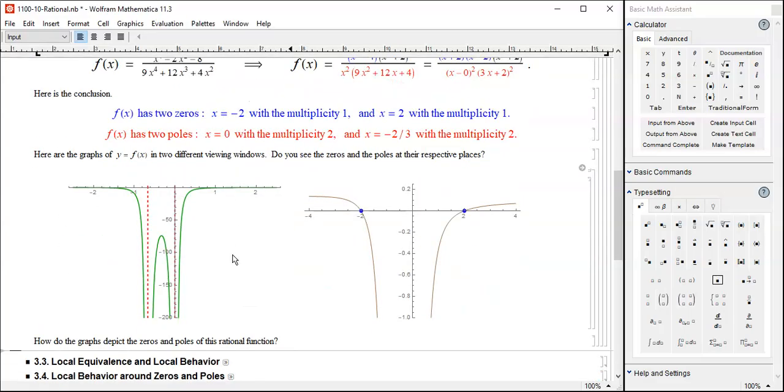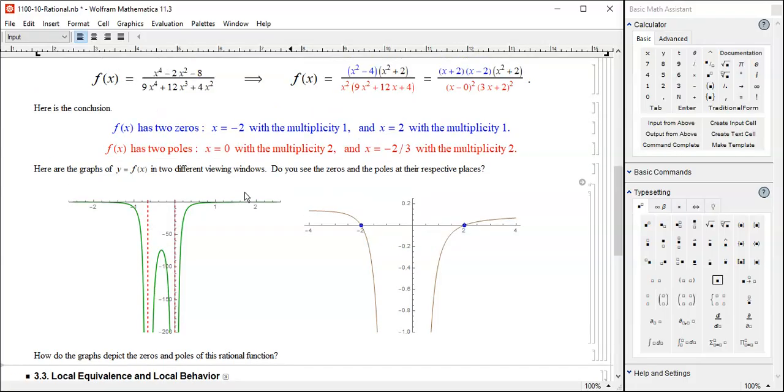First graph shows the vertical asymptote at the pole, x equal to 0 and x equal to negative 2/3. And then they have even multiplicity. So we're going to end up with the same sign. We have drag, you see. The left-hand side and the right-hand side of the graph drag each other to the same infinity, negative infinity.